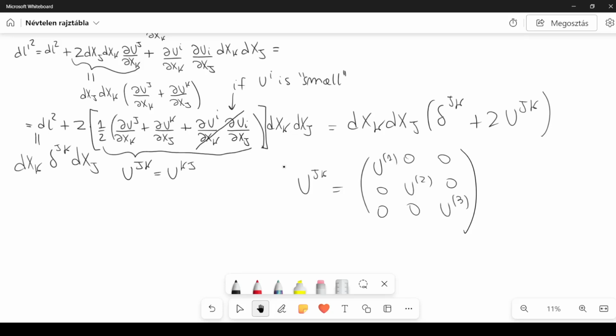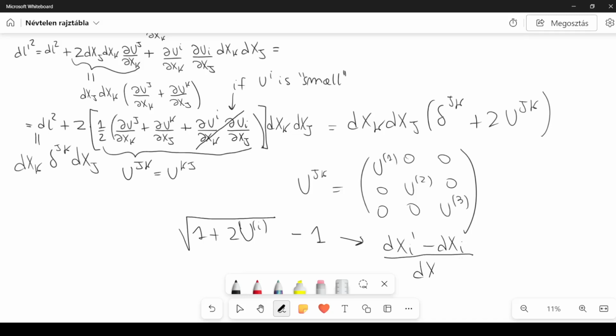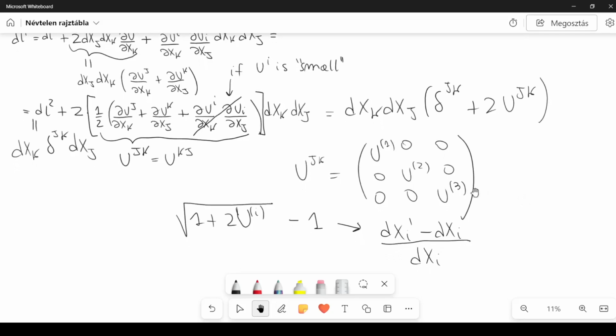So the quantity square root of 1 plus 2ui, so I'm using i here, and i can be either 1, 2, or 3, minus 1. This is basically equal to the relative extension given by dxi prime minus dxi divided by dxi along the principal axis.